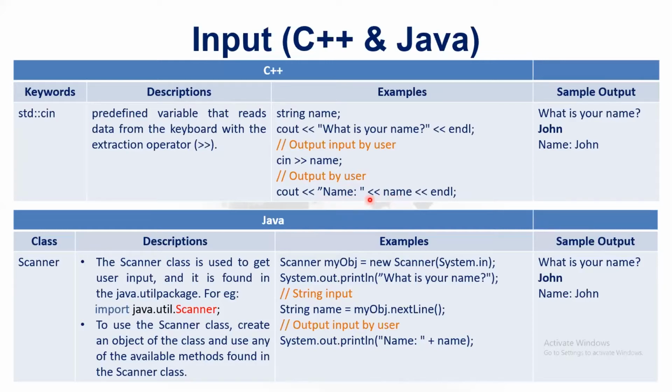But in order to put it outside, you need the insertion operator. But for Java, you put it inside the brackets, which are double quotes. Then you use a plus symbol to concatenate this with the name that the user typed in.